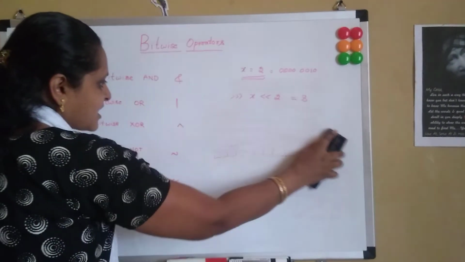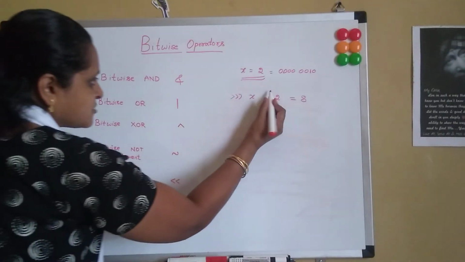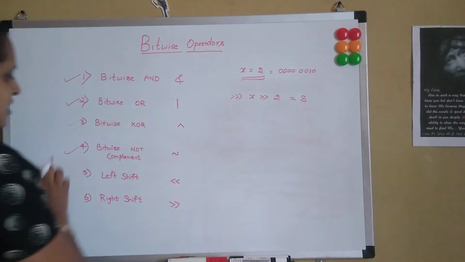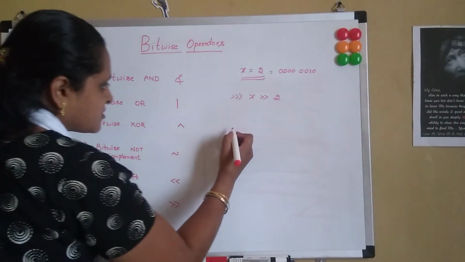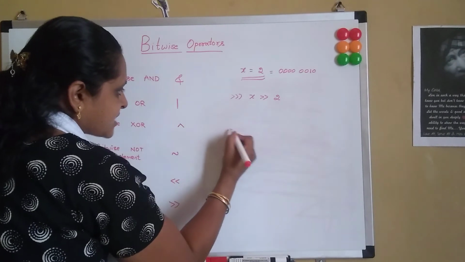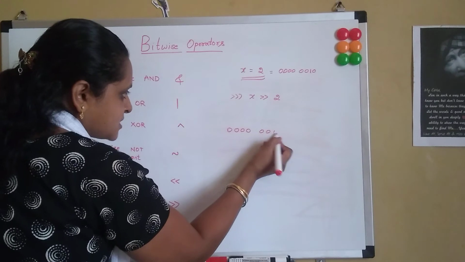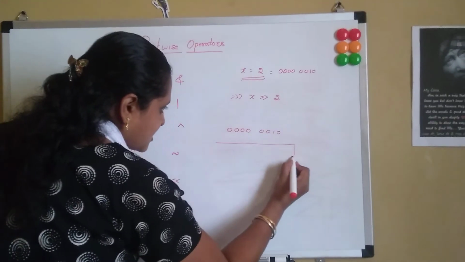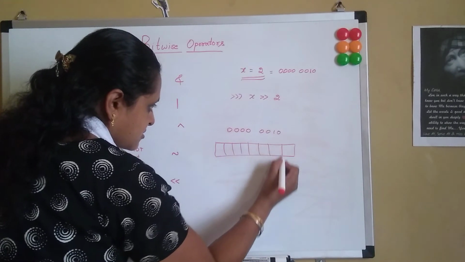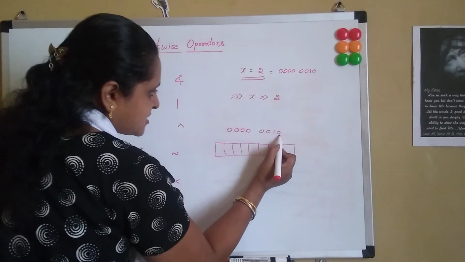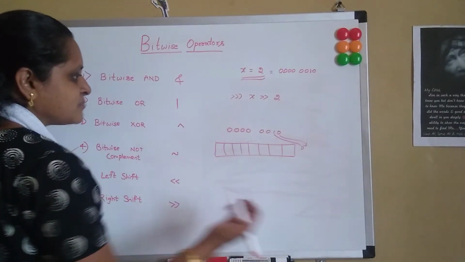Now let's move on to the right shift. The symbol just gets inverted. For right shift it is equal to this symbol. And now for right shift, suppose I take my x equal to 2, that is 0, 0, 0, 0, 0, 0, 1, 0. Now I have to perform the right shift on this number. Right shift means these 2 digits will go out, will shift to the right.